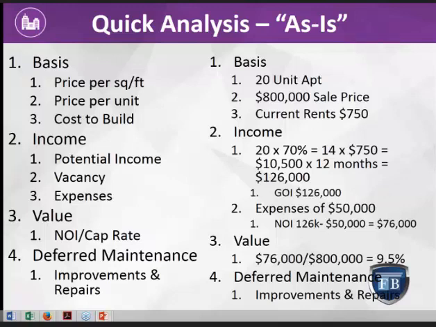And now what I want everybody to do is do this one more time, but now off of the potential rental income. I want you to do the potential rental income times the market rents.